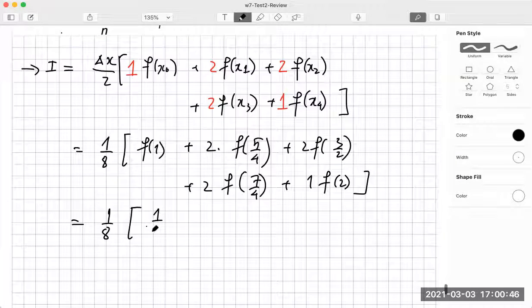It is 1 over 1 squared plus 2 times 1 over (5/4) squared.